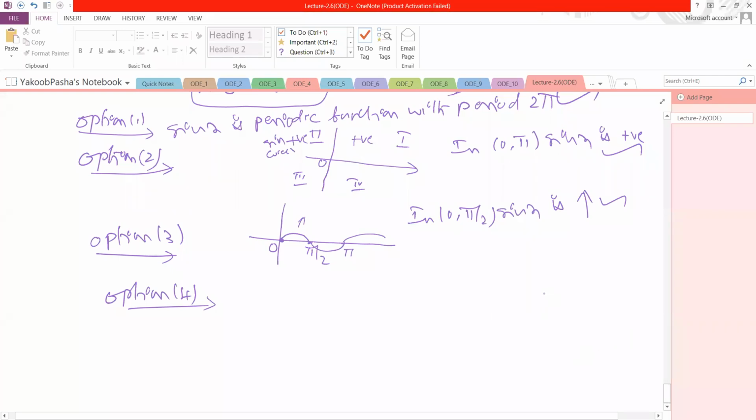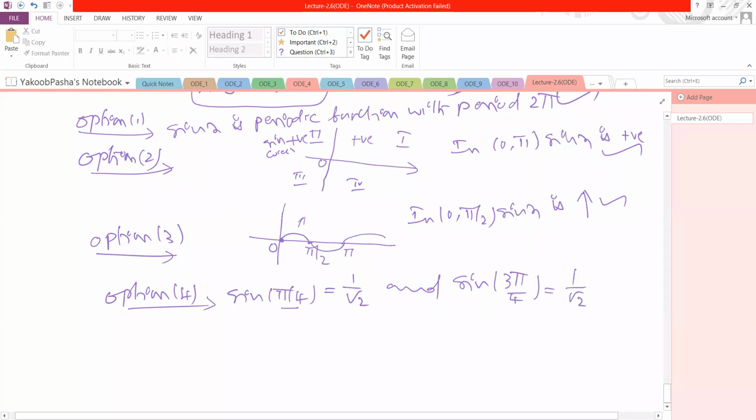What is the definition of one-one? Distinct elements have distinct images. For example, we know the sin pi by 4 value is 1 by root 2, and the sin 3 pi by 4 value is also 1 by root 2.